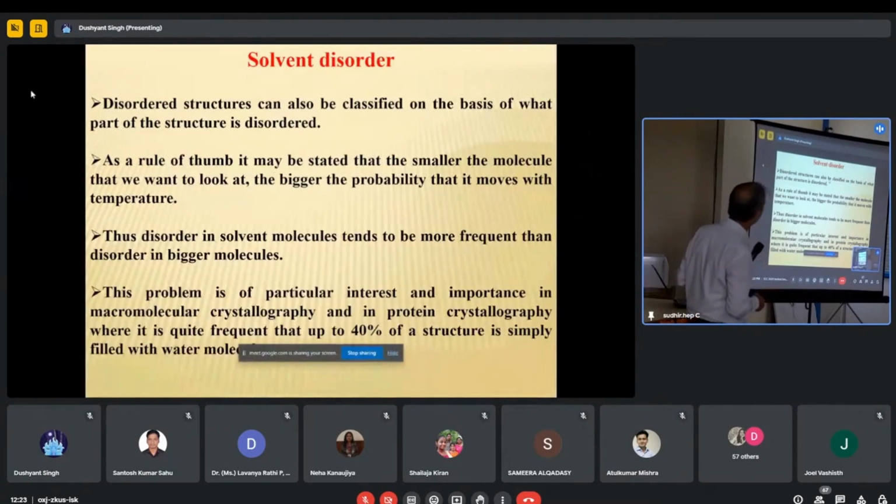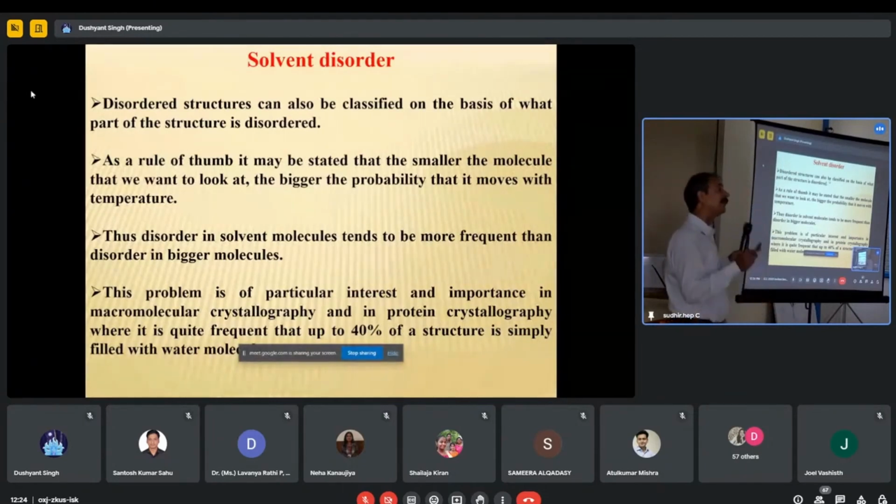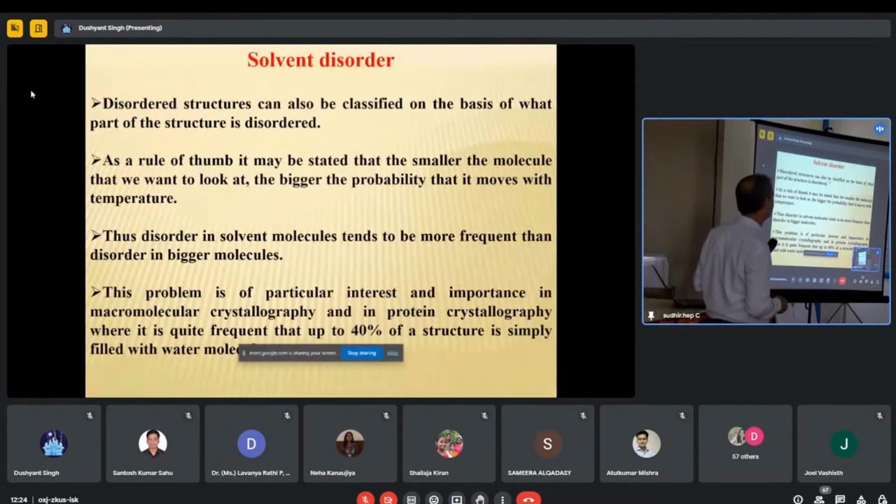So water will show the disorder, not the bigger molecule. Thus disorder in solvent molecules tends to be more frequent than disorder in bigger molecules. Sometimes the bigger molecule as well as the water solvent both show the disorder. This problem is of particular interest and importance in macromolecular crystallography and in protein crystallography, where the water component is almost 40%.